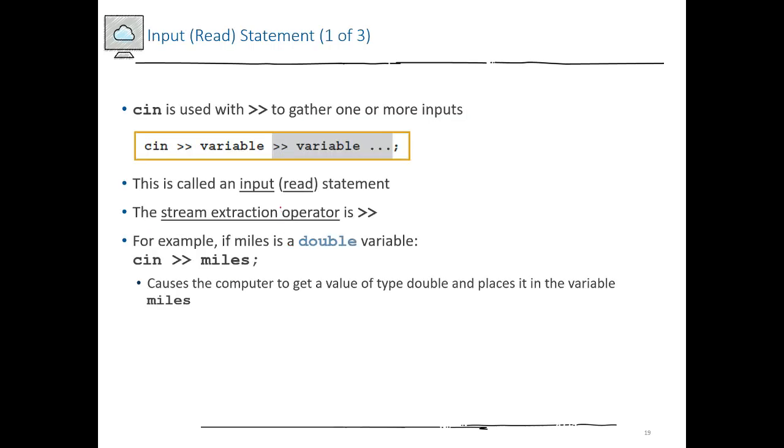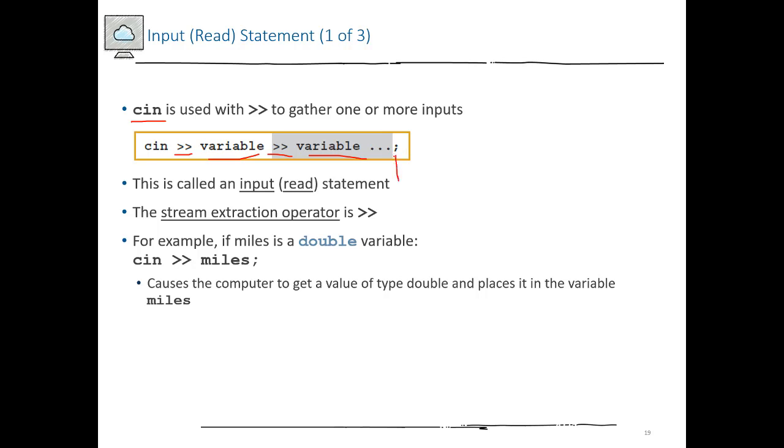But you can also get a variable from an input device such as a keyboard by using the cin. I'll tell you what that cin is. So cin, greater than symbol, variable, greater than symbol, variable, and so on and so forth.